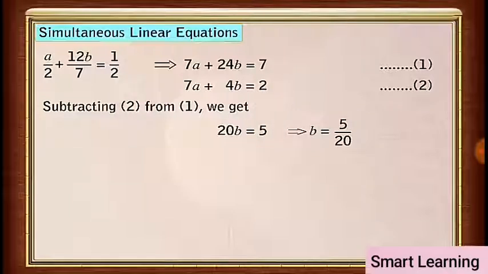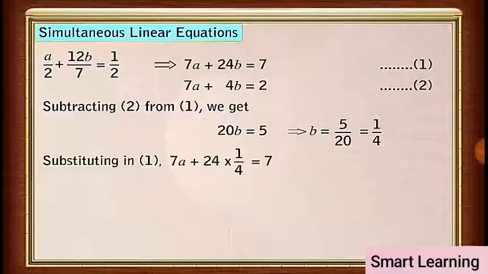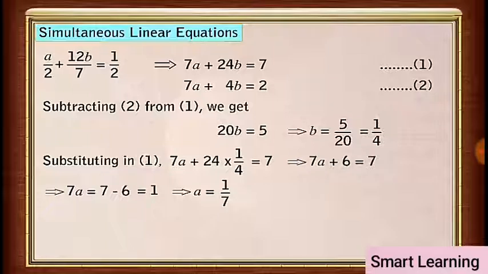Dividing both sides by 20, b = 5/20 = 1/4. Substituting b = 1/4 in first, we have 7a + 24 times 1/4 = 7. This implies 7a + 6 = 7, so 7a = 7 - 6 = 1. This implies a = 1/7.